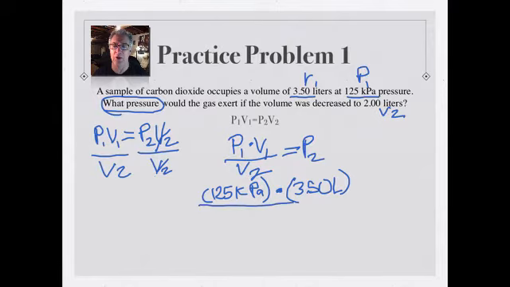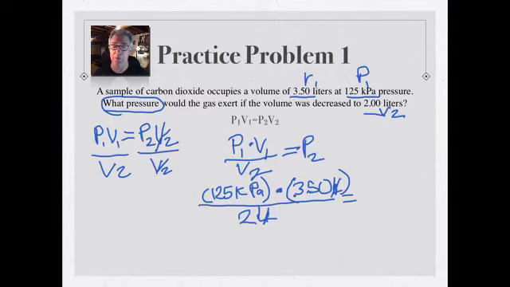I'm going to divide this all by the volume V2, which is 2 liters. I'll put 2.00 liters. And then the liters will cross out, so what we'll have left in units is kPa.